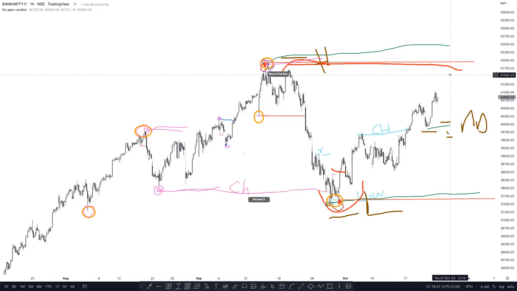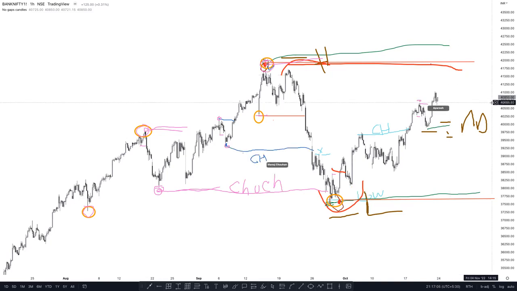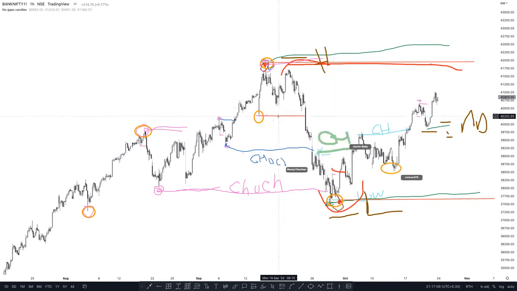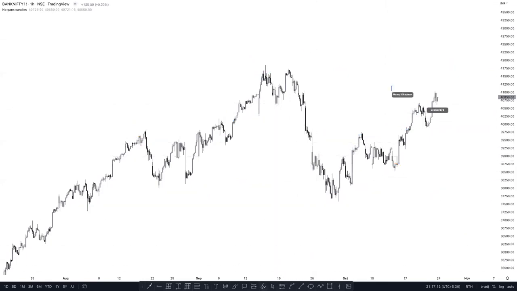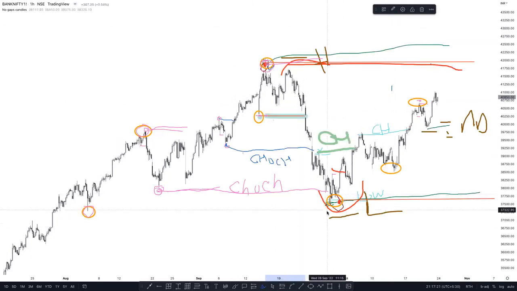Trade what you see, not what you think, exactly. Perfect. So as you can see here, this was our lowest low, lower high, break the structure. After this change of character, what happened here?